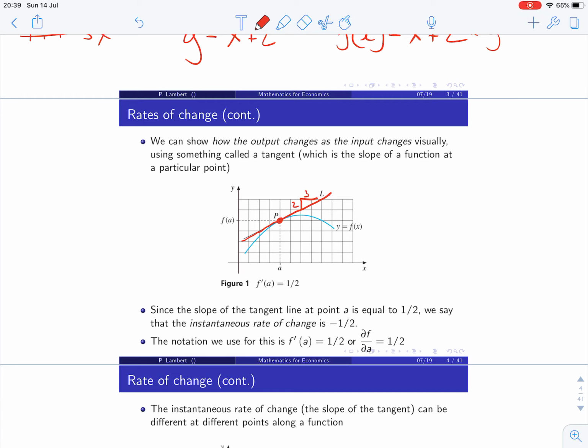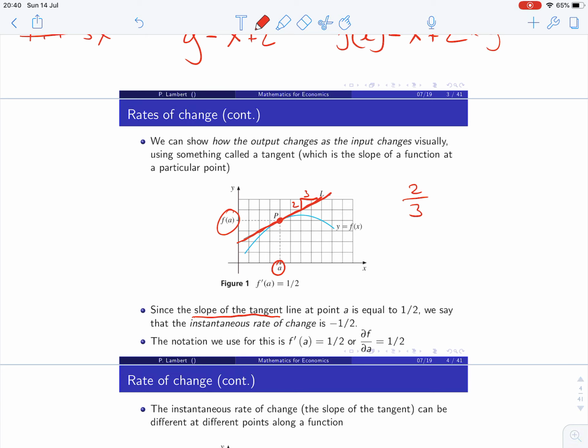So in this case, the slope would be 2 over 3. Notice that this value 2 over 3 is obtained when we have the input value of a, and this value 2 over 3 is not our output value, but it's the rate of change of this input, which is a very different thing altogether, although there's obviously some relationship between these things.